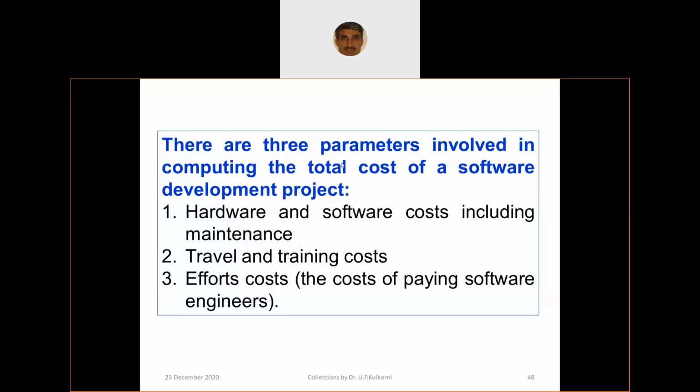Now there are three parameters involved in computing total cost. Hardware and software cost, including maintenance, traveling, training, and all other costs. The effort cost, the cost of paying software engineers, their salaries: how many people, how many man hours, every hour costs this much, so total cost is this much, which will get added to traveling and training cost.